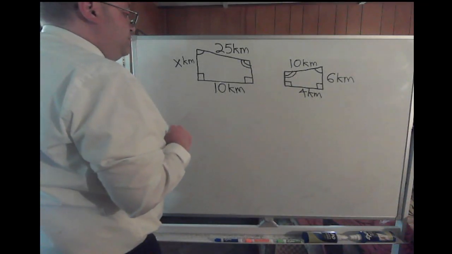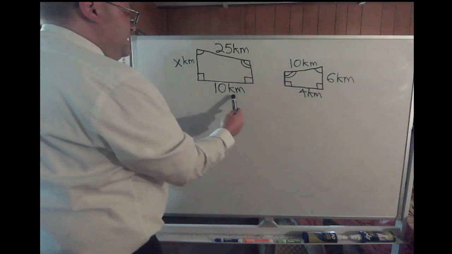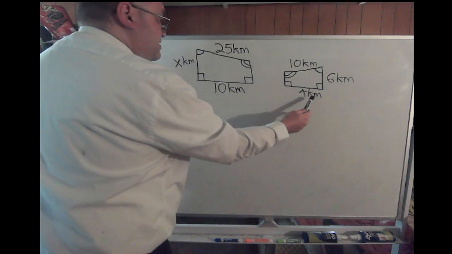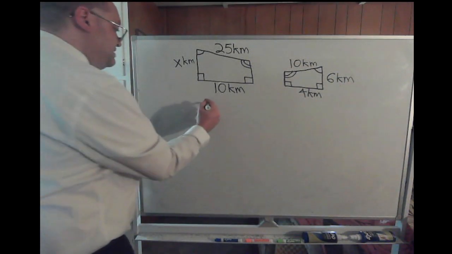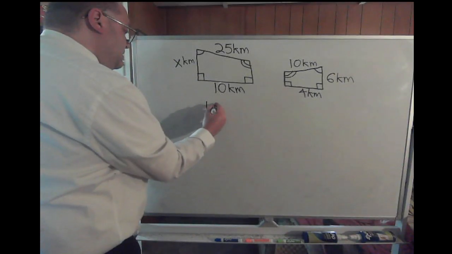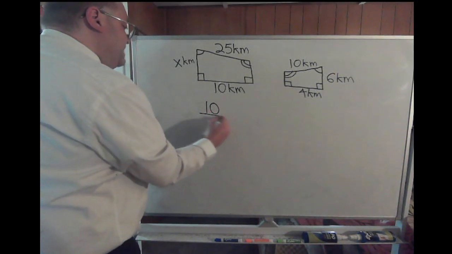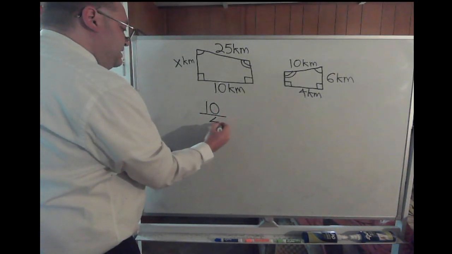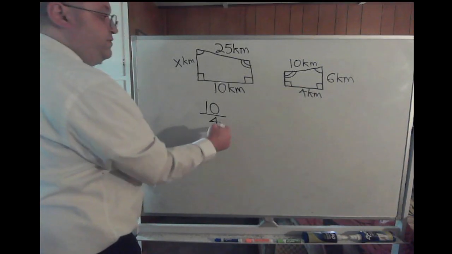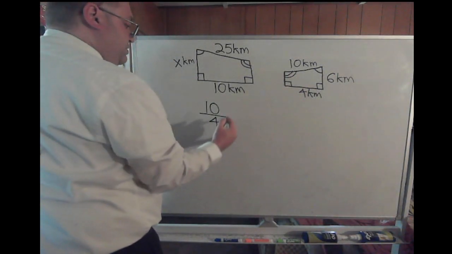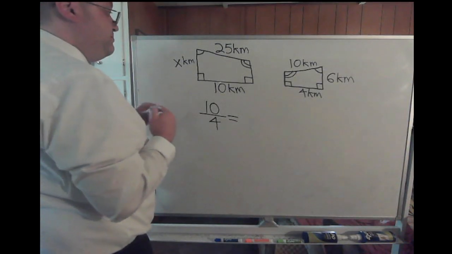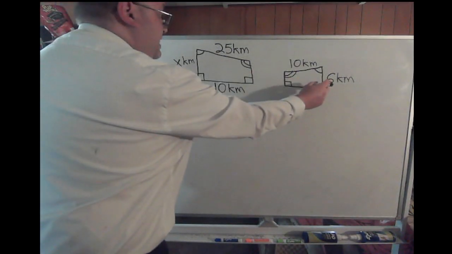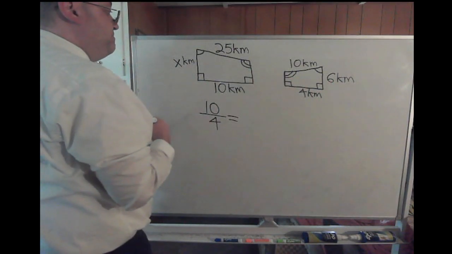So, for example, I think it's a dead giveaway. The 10 kilometers is similar to the 4 kilometers. It's in proportion to the 4 kilometers. So let's start there. The 10 on the big quadrilateral has a ratio to the 4 kilometers on the smaller quadrilateral. Now we need to figure out the x and 6, I would say.